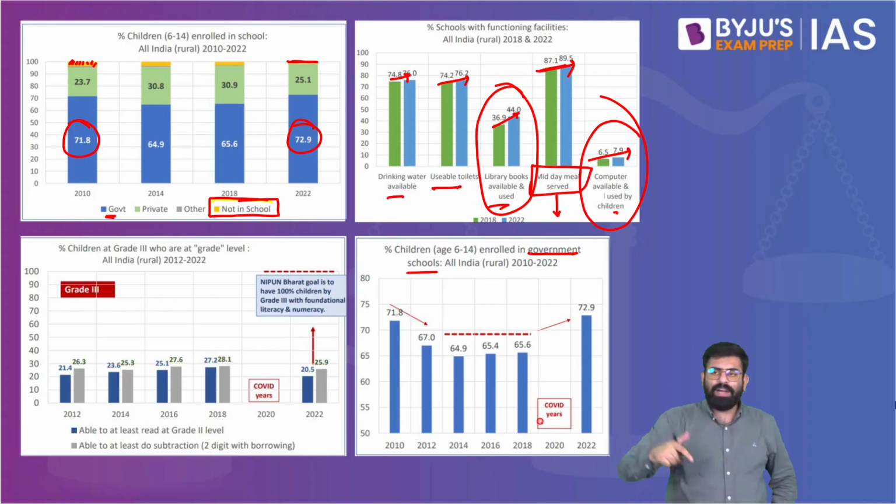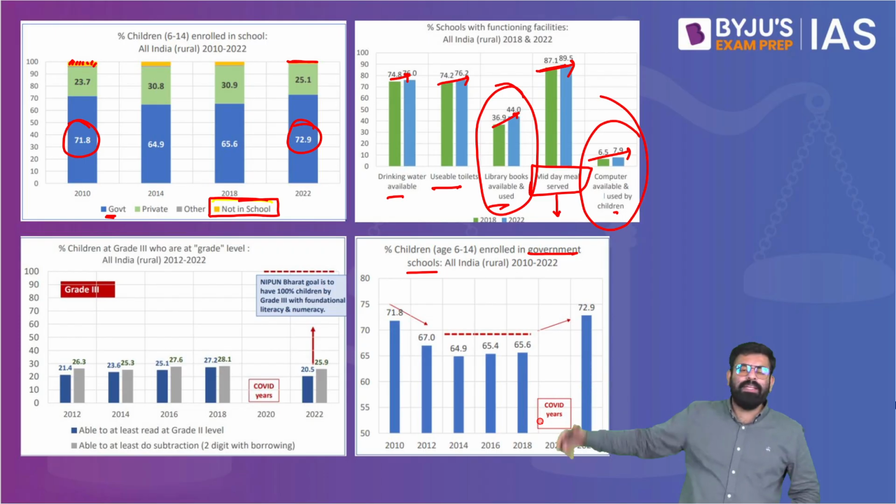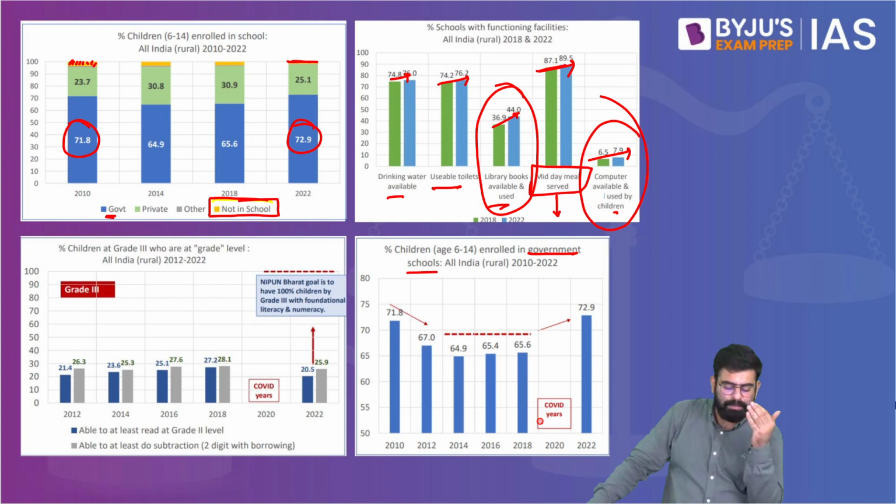So if they are provided food for free in schools, the families send them to school. Why? Because at least two of their meals in a day will be covered there. They'll get nutritious food, because the family has no guarantee whether they'll be able to get them food or not.